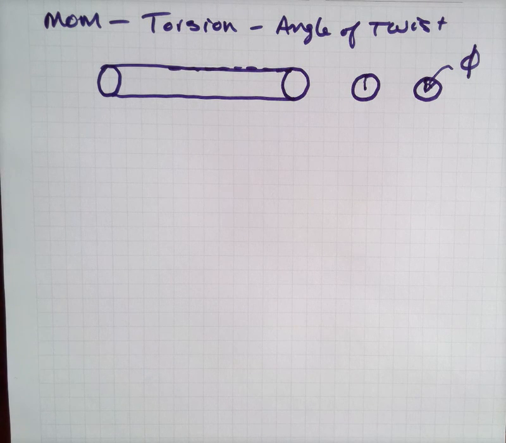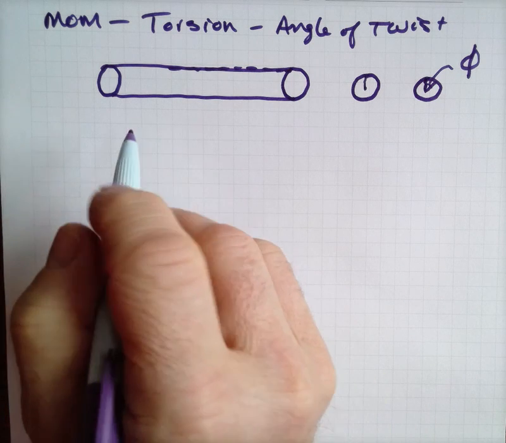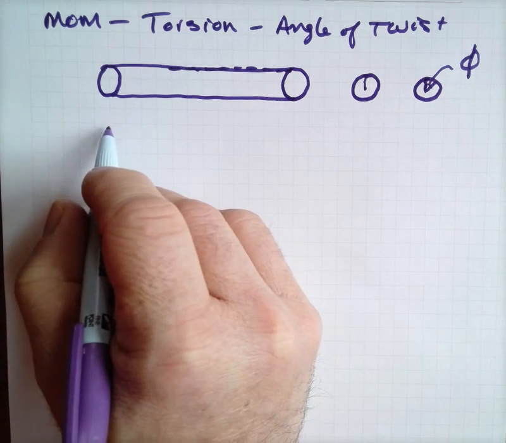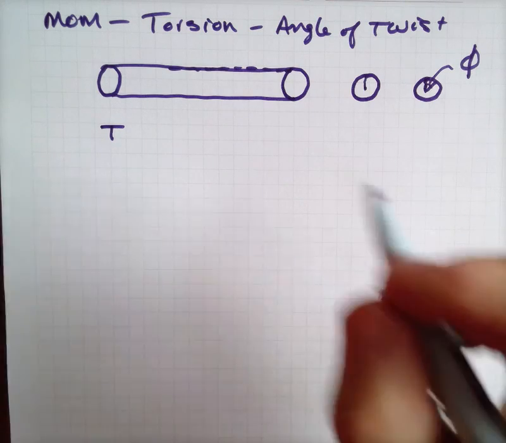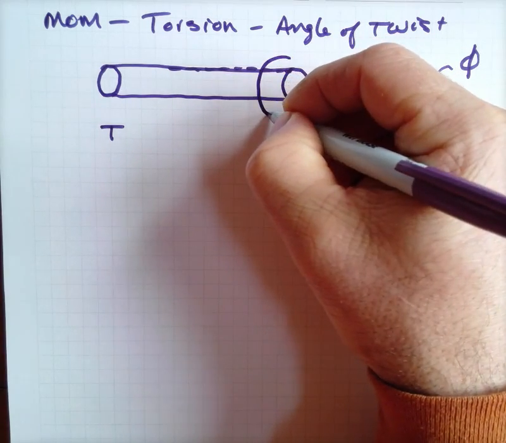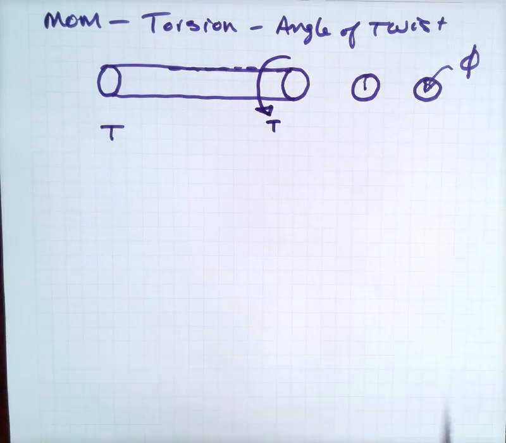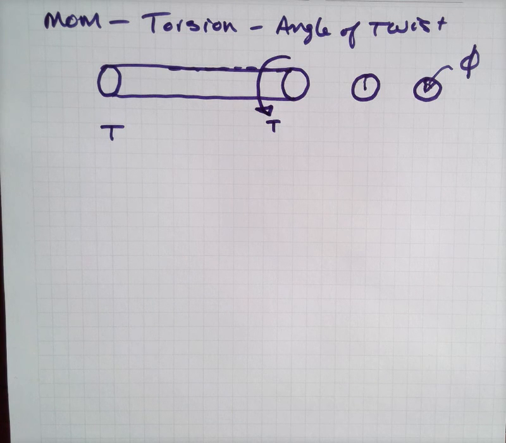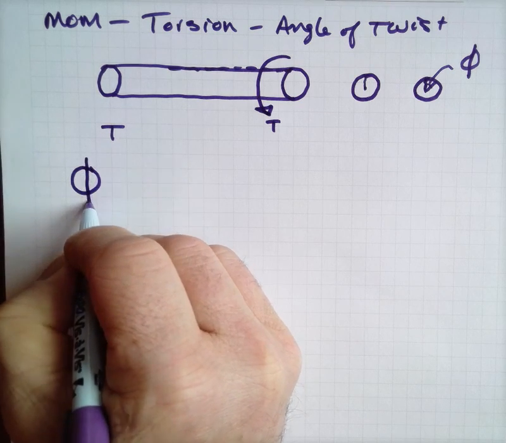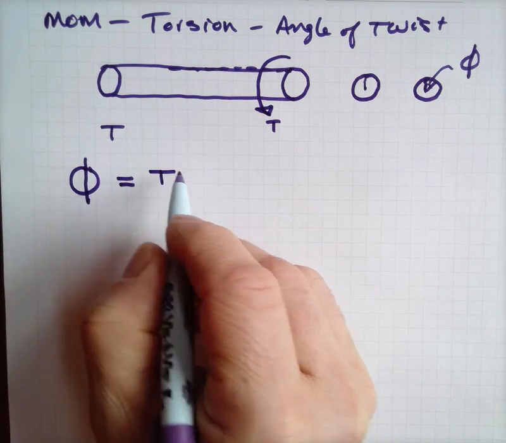So what are the different factors that determine how much deformation there is? Well, the first factor is the torque. So if we've got an internal torque of some amount, then the more torque, the more angle of twist, in which case it belongs in the numerator.